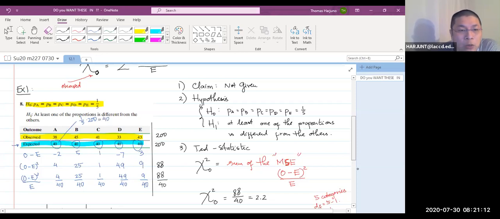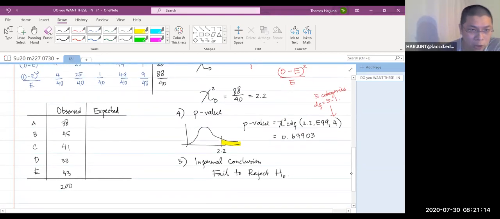So in other words, once they give us the null hypothesis and they say that the proportion here is expected to be 1/5 or 0.2, right? When they say this, then what we can do is we multiply this proportion against the total sample.